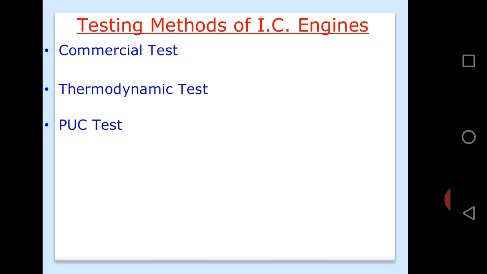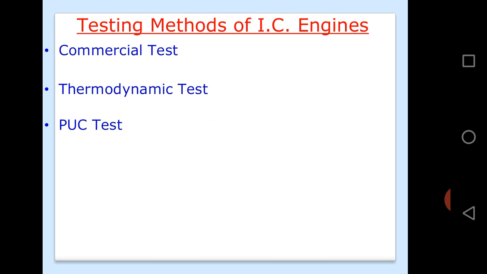Then under the thermodynamic test, whatever parameters we discussed at the initiation of this lecture, those basic parameters we find out under the thermodynamic test, such as indicated power, brake power, frictional power, and for finding them we use different experimental methods. With the help of those experimental methods we find them out.